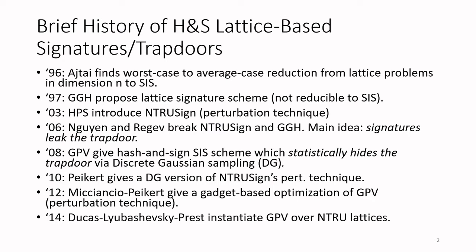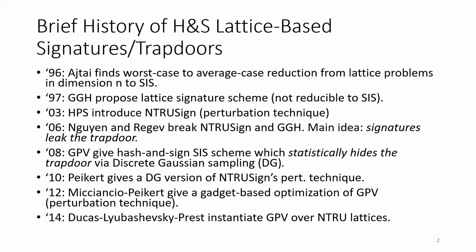And then in 2014, Ducas, Lyubashevsky, and Prest instantiate this GPV discrete Gaussian sampling technique over NTRU lattices. And this gives a very efficient Hash+Sign digital signature scheme based on discrete Gaussian sampling.